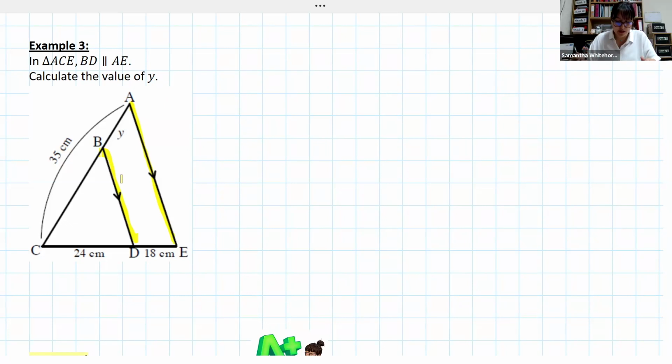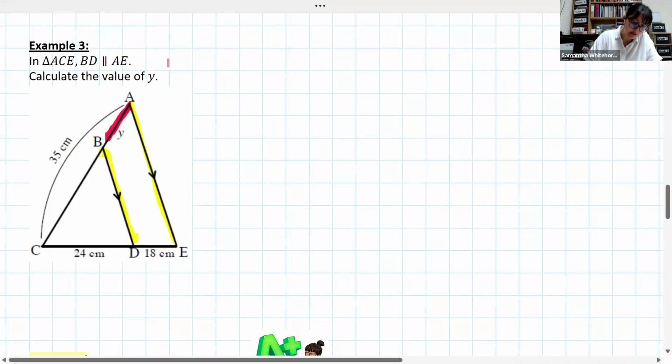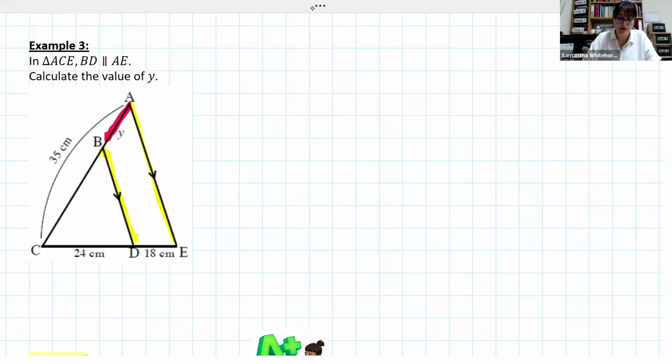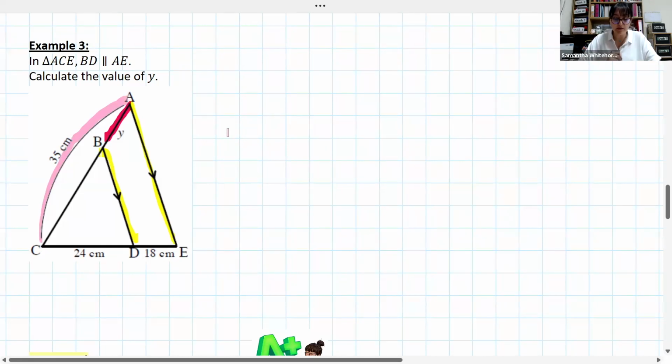So we've been given in triangle ACE, BD is parallel to AE. Calculate the value of Y. Again, let's just assess what information I do actually have. Here's Y. Y is the line segment AB. That's what I'm trying to solve for. That's the unknown I want. I have been given the whole side length AC. I've been given CD is 24 and DE is 18.